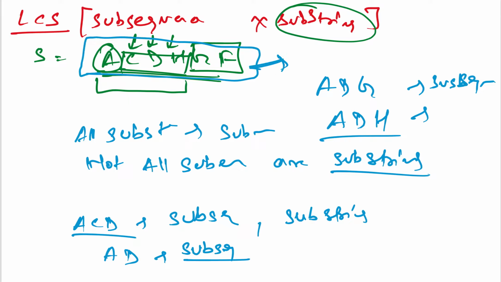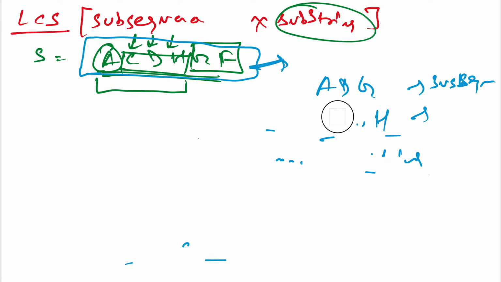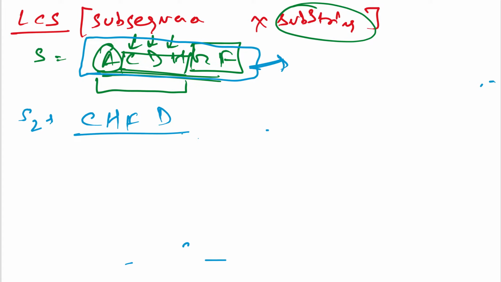So now we will go back to the actual problem. Let's say we are given the second string s2 as C, H, F, D. We have to find the longest common subsequence. What are the subsequences common to both, and which is the longest of them?